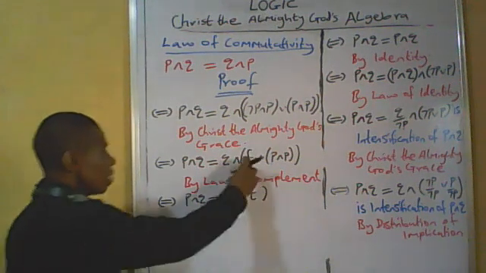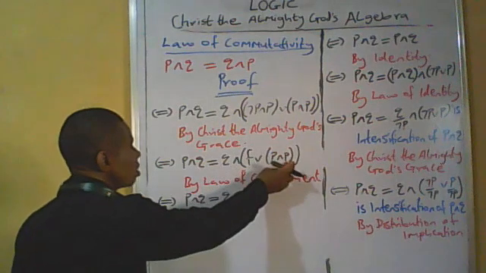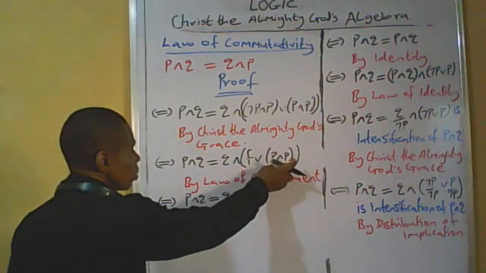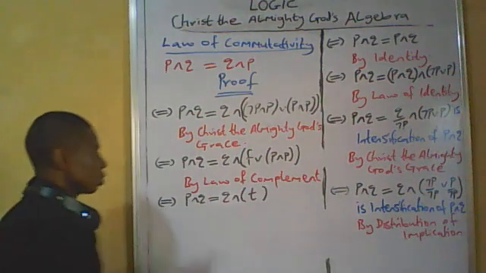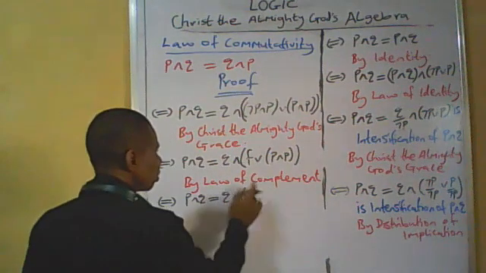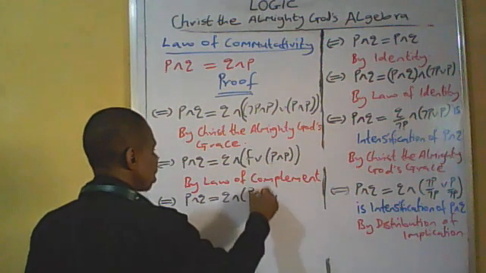Because this F or P and P is P and P, and P and P is P. That means equivalent to Q and P. So we have P and P.